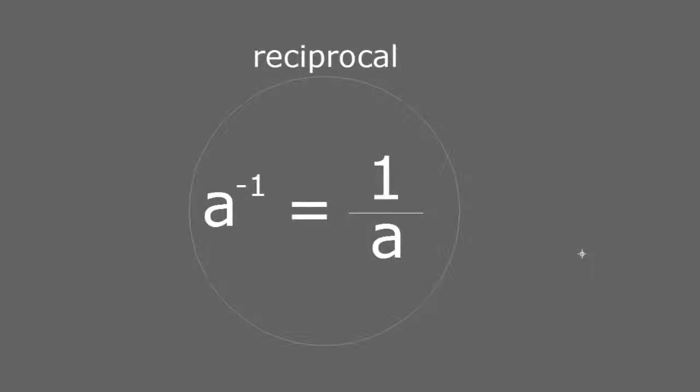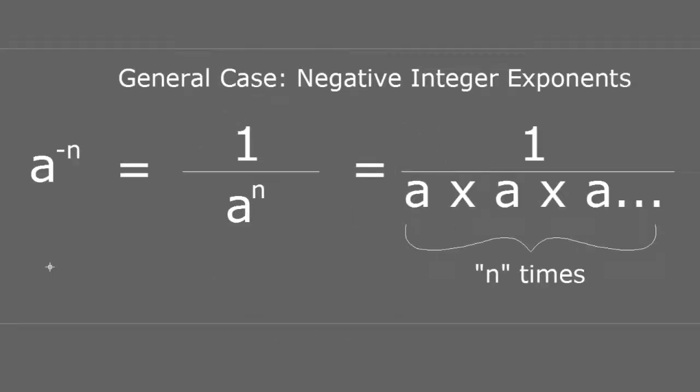So summarizing here about the negative integer exponents, the exponent negative 1 is the reciprocal. You just write the base number as 1 over the base number. And any base number with an exponent that is negative and an integer equals 1 divided by the same base number with the same exponent, but the exponent instead of negative is now positive.